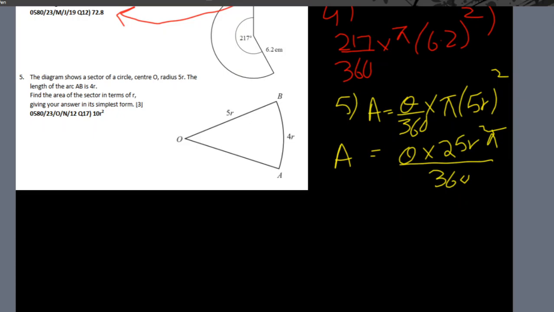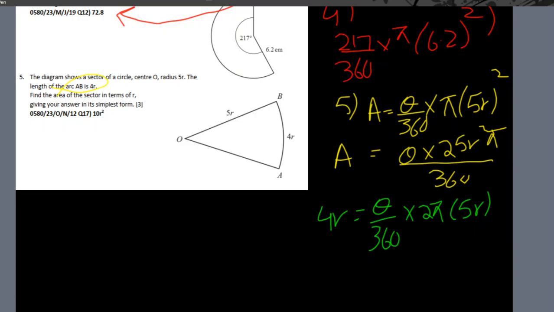For that we are also given some other information. The length of arc is 4r. So the formula for length of arc is 4r equals theta over 360 times 2 pi r. Make theta the subject.